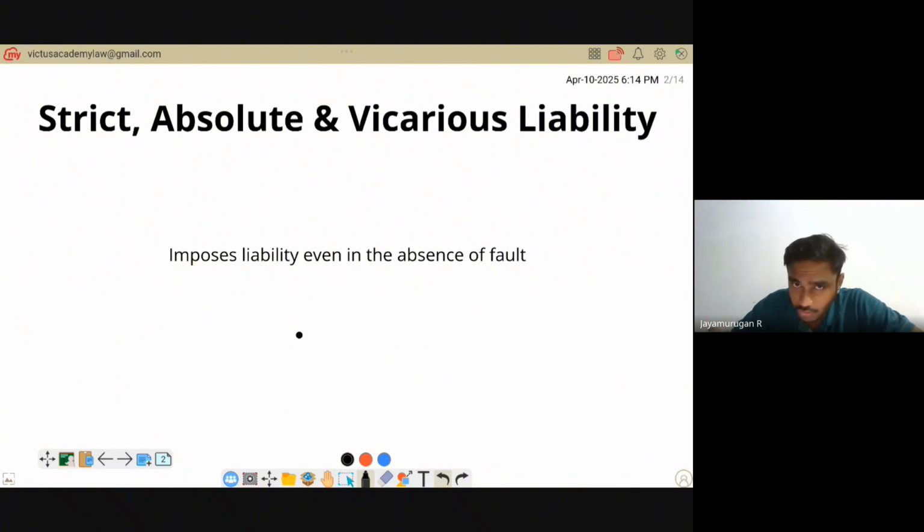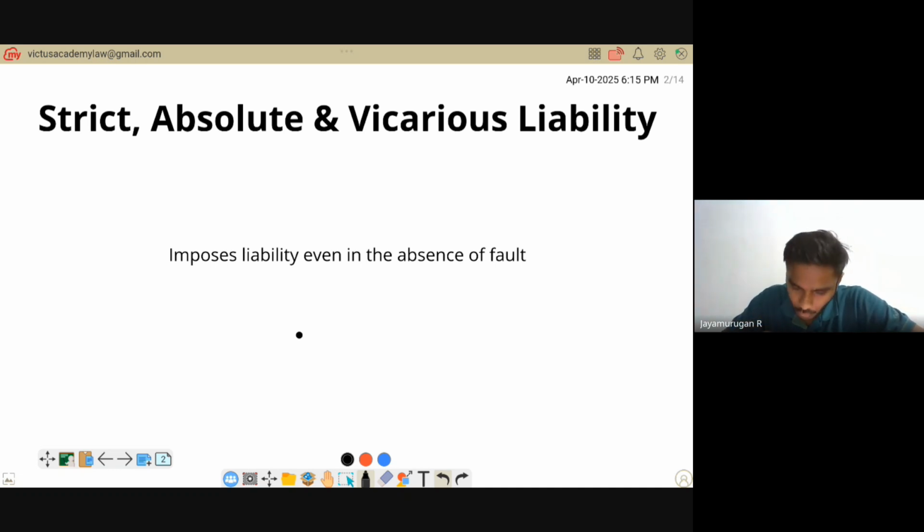Meaning, even if he is not negligent, even if he is not careless, even if there is no intention on the tortfeasor to cause damage to another person, the law can still hold that person liable for the act so committed that has resulted in damage to another person. So this is where the concepts of strict liability, absolute liability, and vicarious liability come into play.